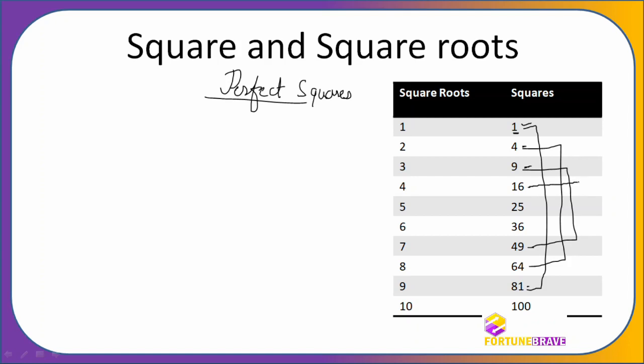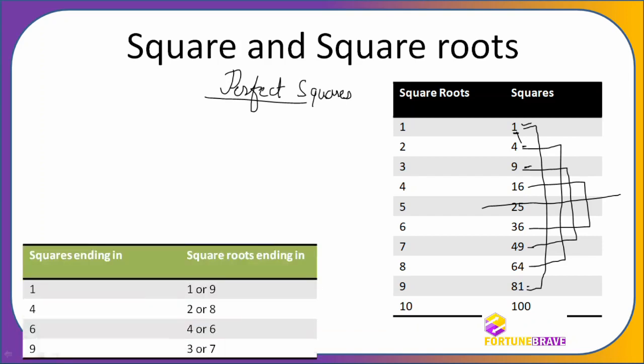Now there is 6 and 6. So they are equidistant. If I draw a line, both are 1 away, 2 away, 3 away, 4 away, like this. So if I observe this, how many numbers are ending in the square?